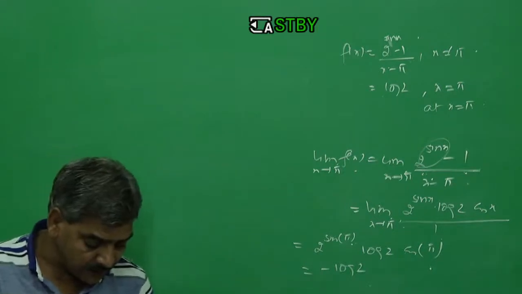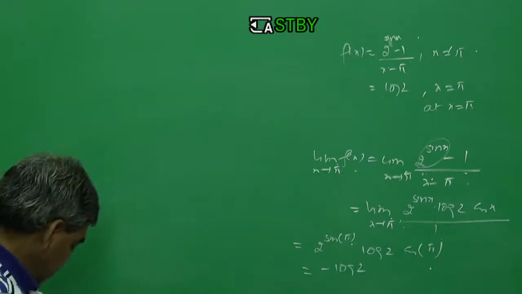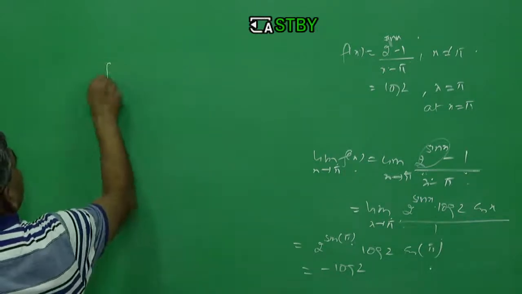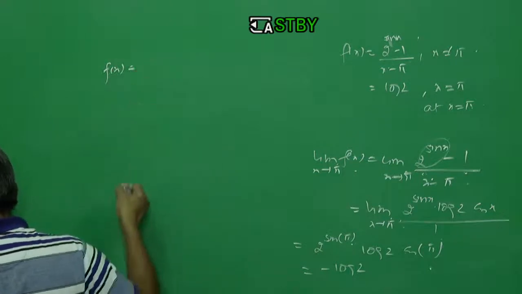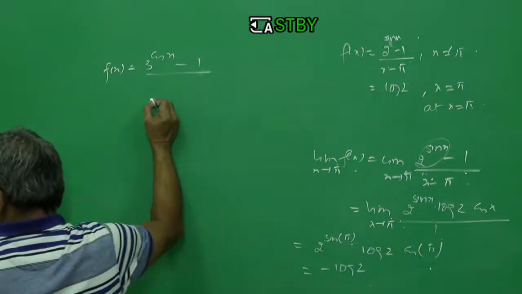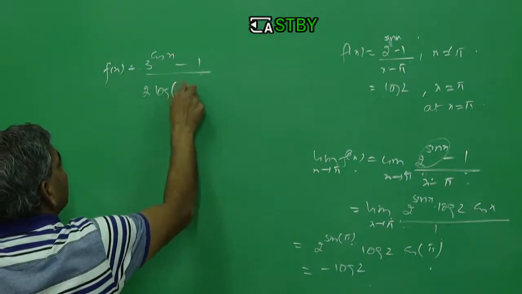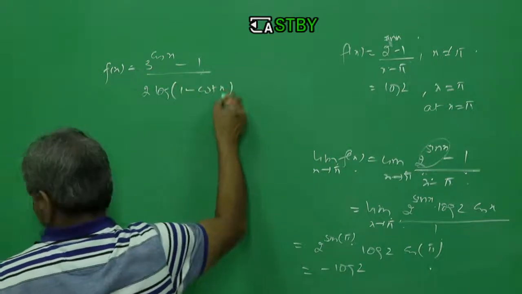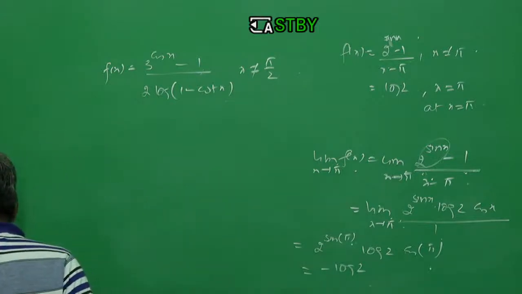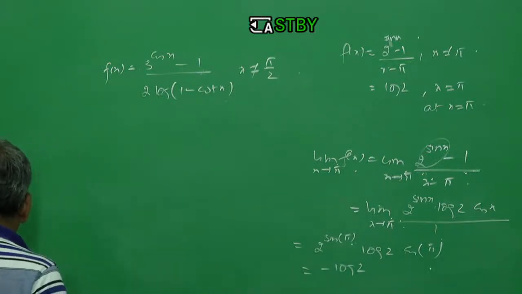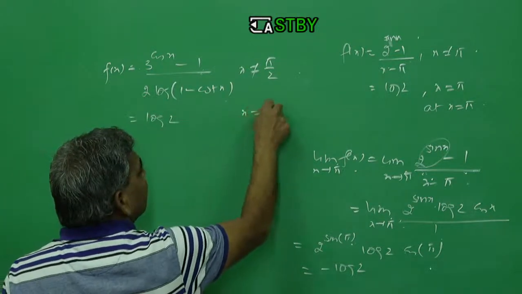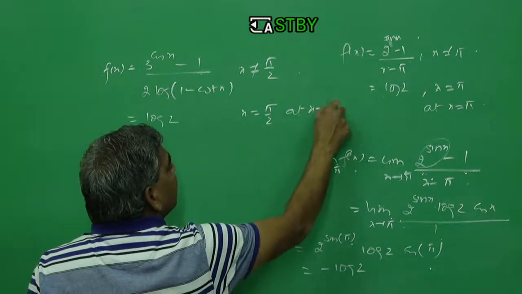So let's turn to one more example. We solve one more example. Write: f of x is equal to 3 raised to cos of x minus 1 whole upon 2 into log of 1 minus cot of x, x is not equal to pi by 2, and this is equal to log of 9 when x is equal to pi by 2, at x is equal to pi by 2.